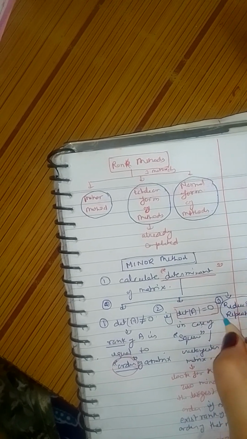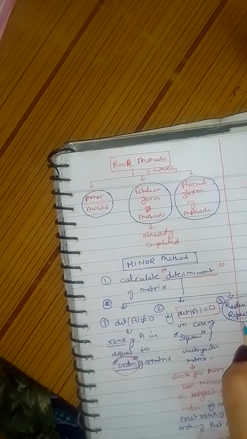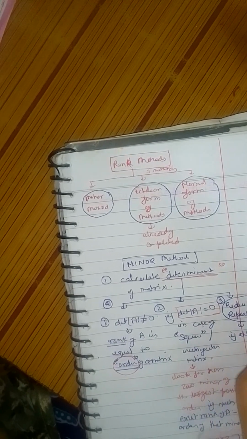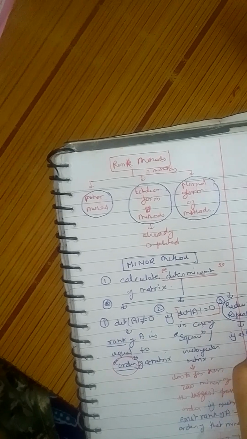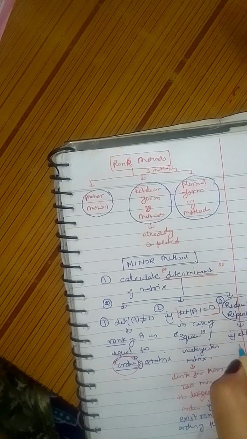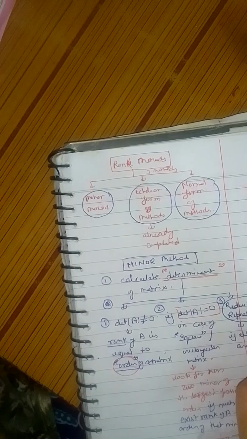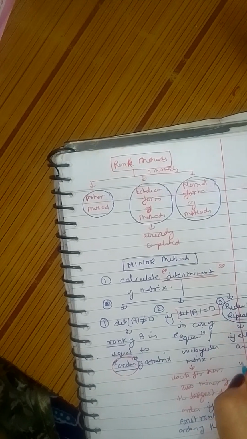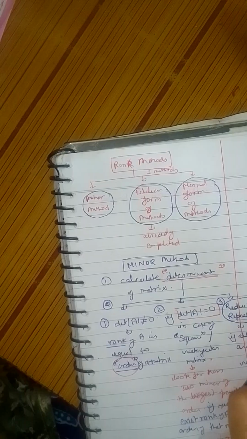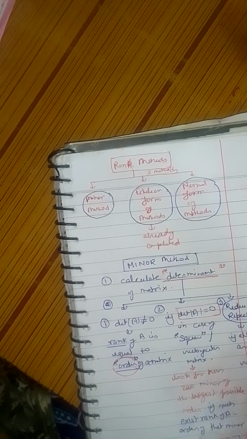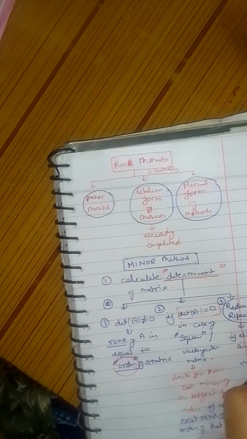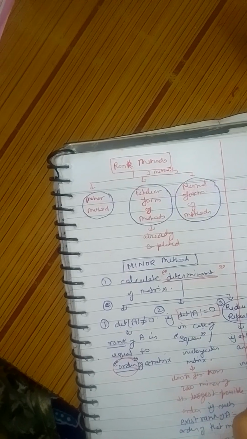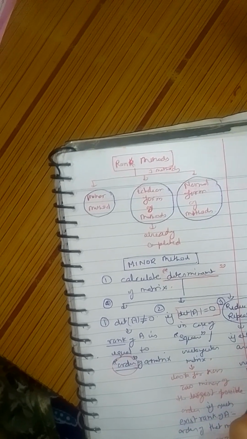If all minors are 0, reduce the order by 1 and repeat the process.